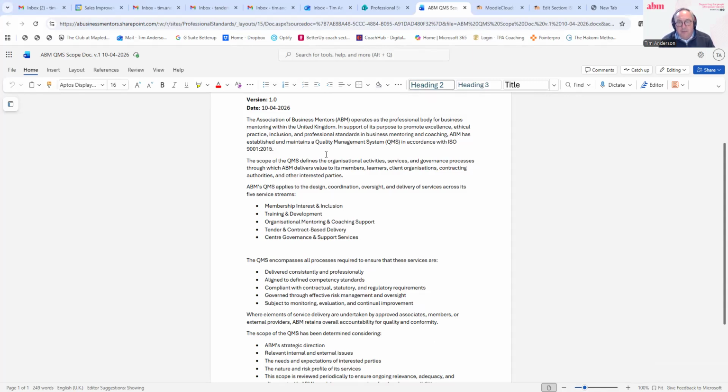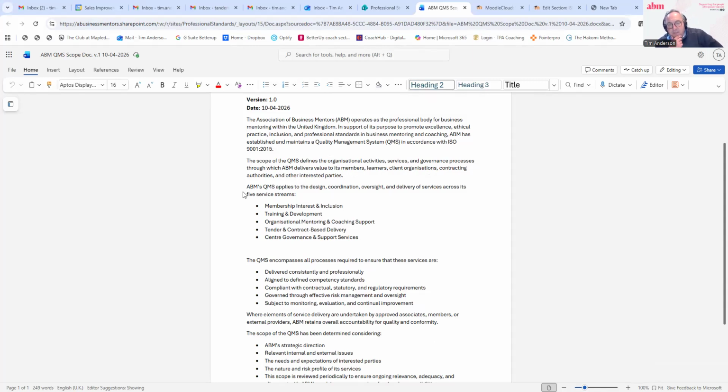And the scope of the QMS defines the organisation's activities, services, and our governance processes through which ABM delivers value to its members, learners, client organisations, contracting authorities, and other interested parties.